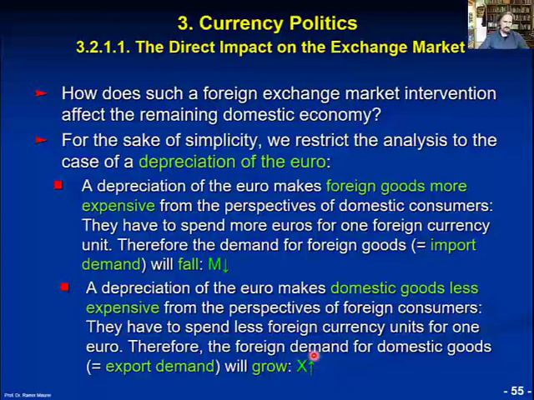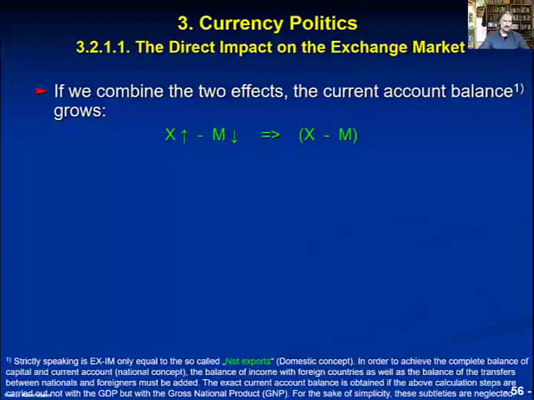So we have growth of the export demand and the decline of the import demand. This is what we can call a secondary effect of a depreciation of the domestic currency. If we combine both effects, the current account balance grows.